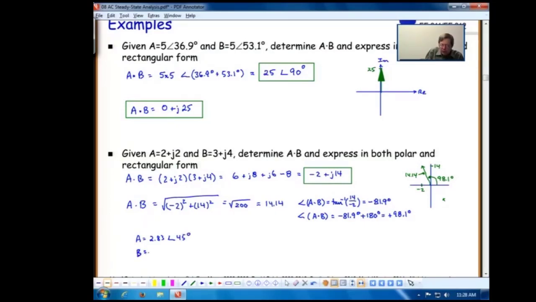And B in polar form, 3 plus j4, is 5 angle 53.1 degrees. So A times B, multiply the magnitudes, 14.14, add the angles, 45 plus 53.1 equals 98.1 degrees. And notice those two answers should be the same. There was the magnitude, there was the angle.